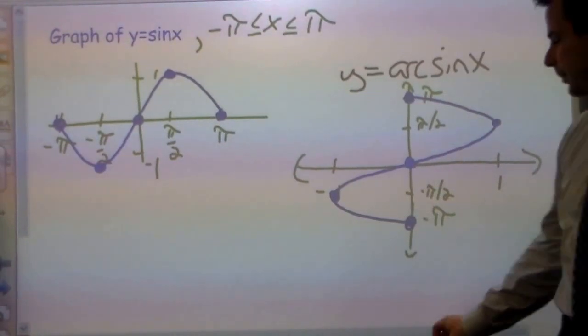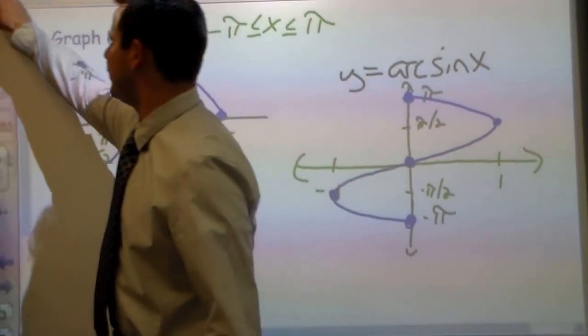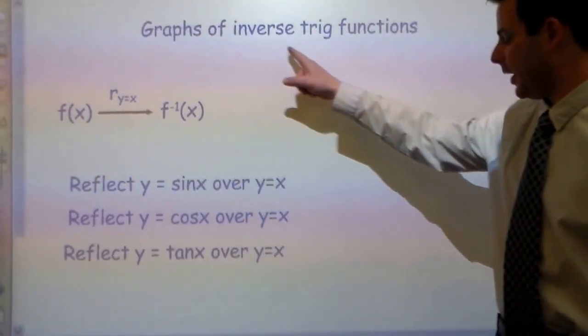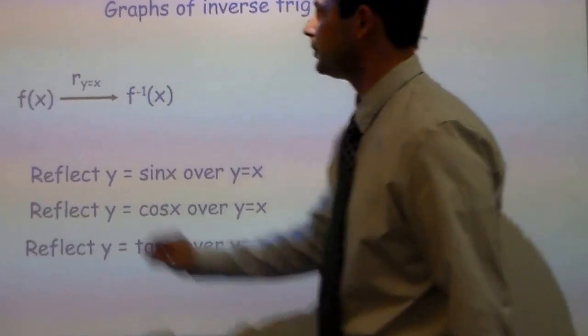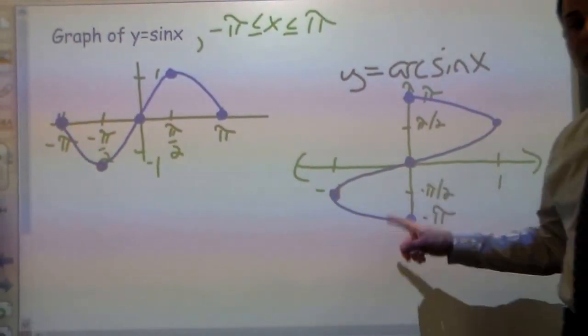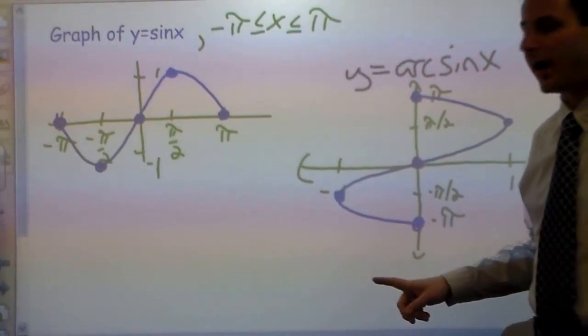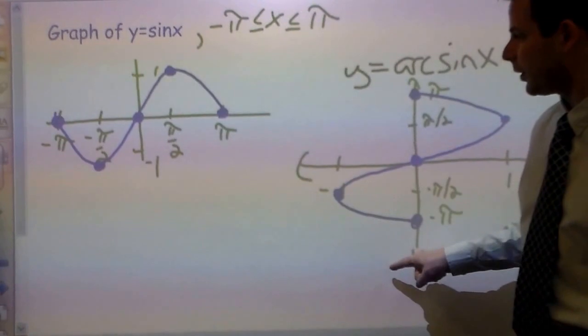And here's our graph. Now, the issue here is that our title was graphs of inverse functions. This, if you take a look at it, does not pass the vertical line test. This is not a function because we're repeating x values here.